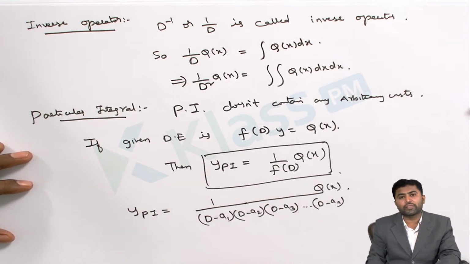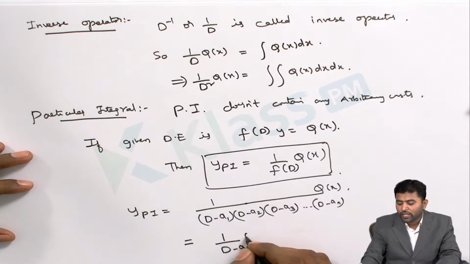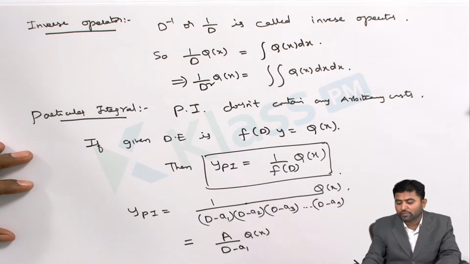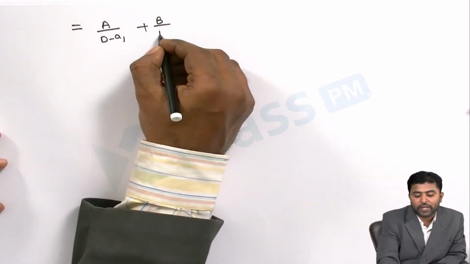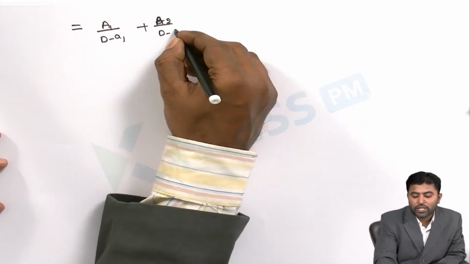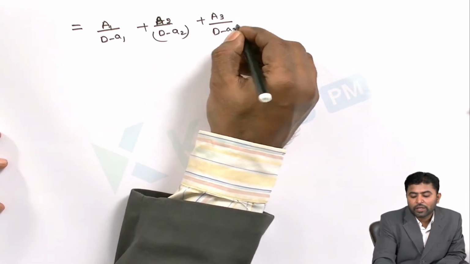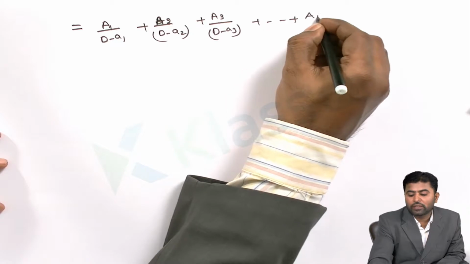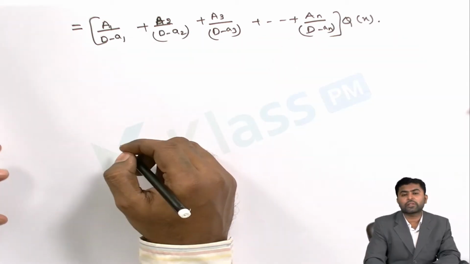Then I can separate them by using partial fractions, and I can write this as a1 by D minus a1 plus a2 by D minus a2 plus a3 by D minus a3 plus and so on, an by D minus an, into Q of x, right?